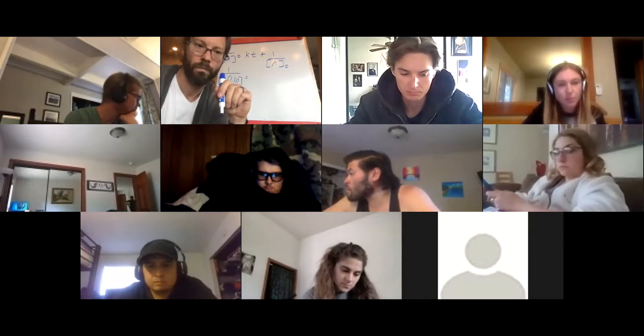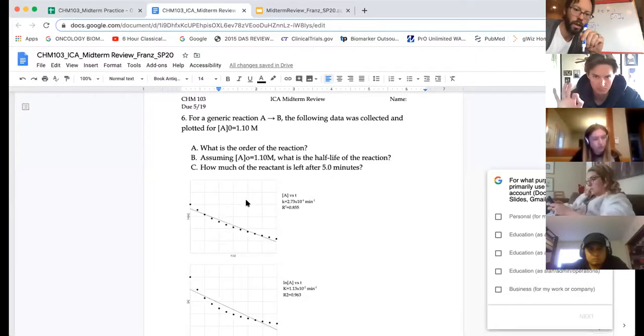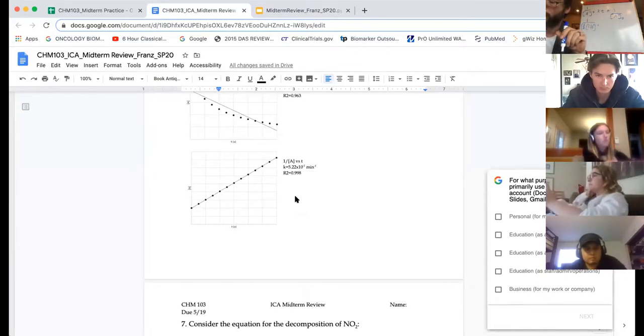Isn't it the slope? Yes. So if we look here, the slope is 5.22 times 10 to the negative 1. Okay. And in this case, since it's second order, slope is equal to k, right?